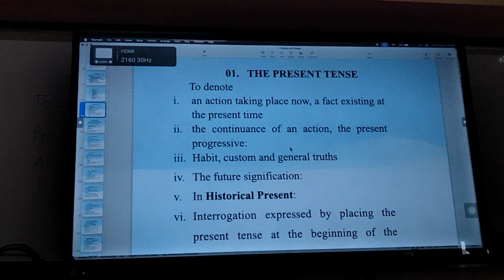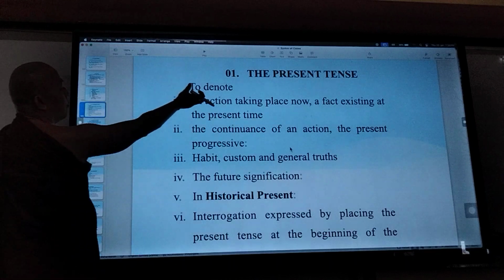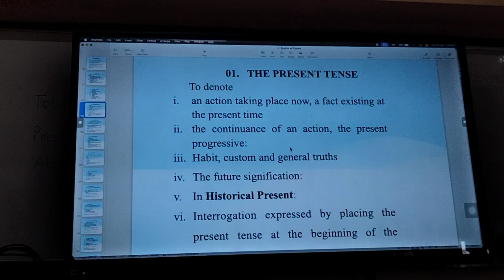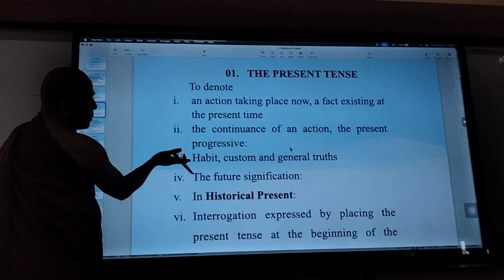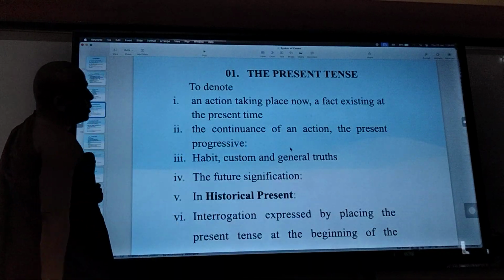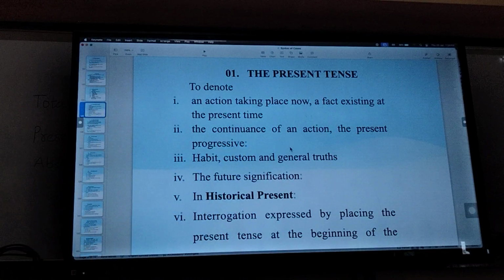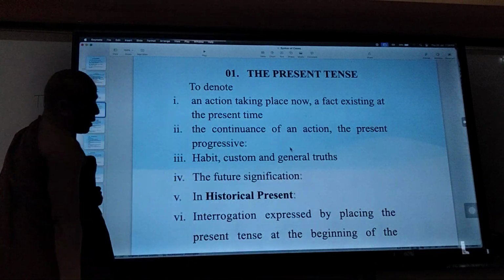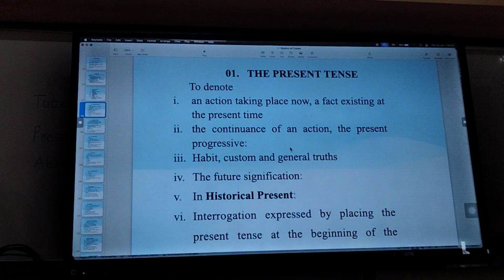Among the usages of the present tense, that one is also not so important because we already know that. It expresses a habit, custom, or general truth, the same as in English or in your language. Sometimes it has future significance.